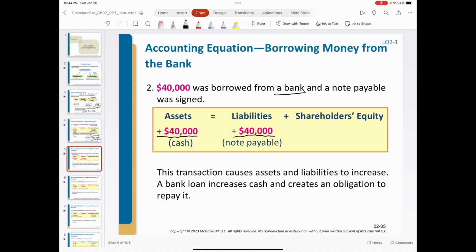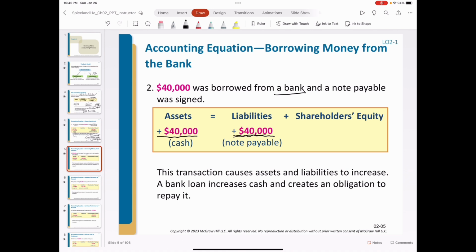We should also record the claim of the bank, $40,000. The bank has no intention to become the owner or shareholder of the law office, right? It just lends money to the law office and expects the principal and interest to be returned. So the bank is a creditor or lender, so it is recorded as a liability.